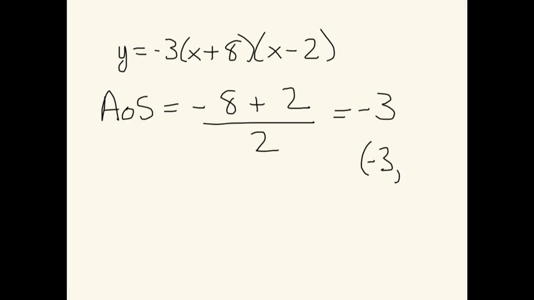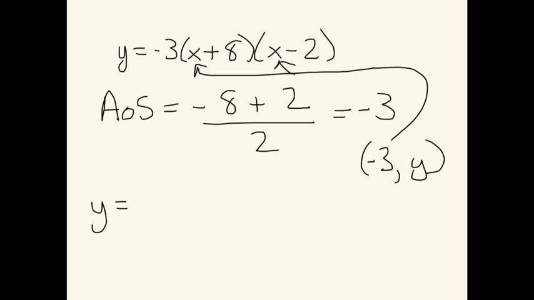Now what we need to do is solve for y. Pretty easy. All you need to do is plug this guy back into the equation wherever you see an x. So y is equal to negative 3 times (negative 3 plus 8) times (negative 3 minus 2).